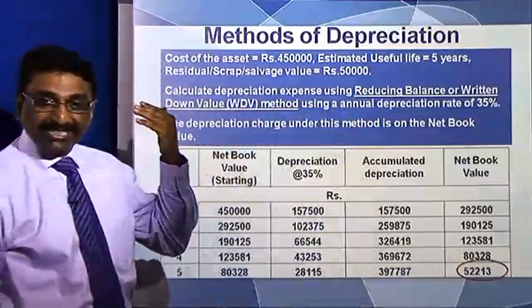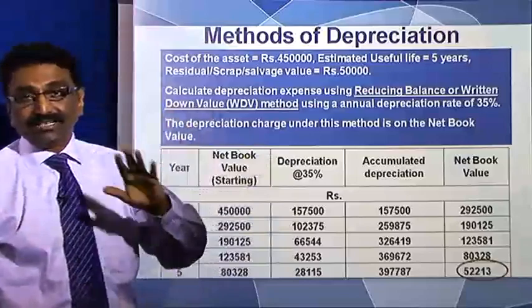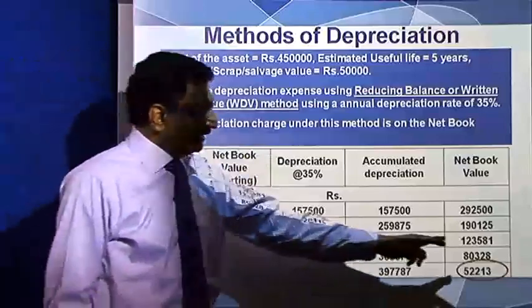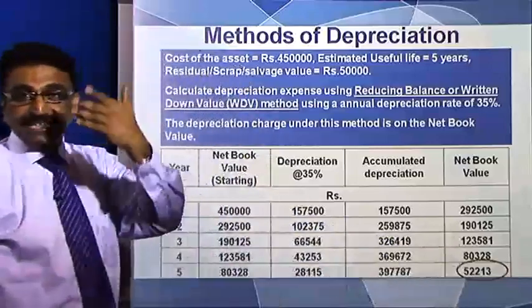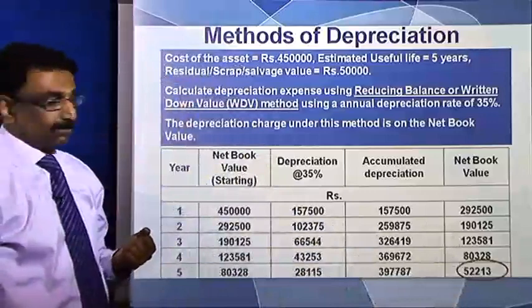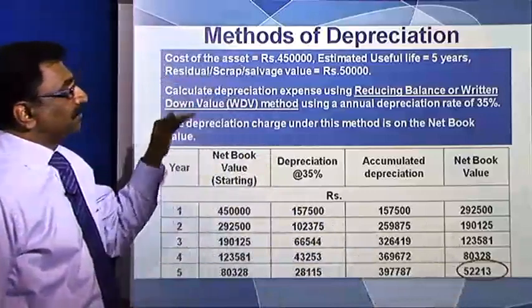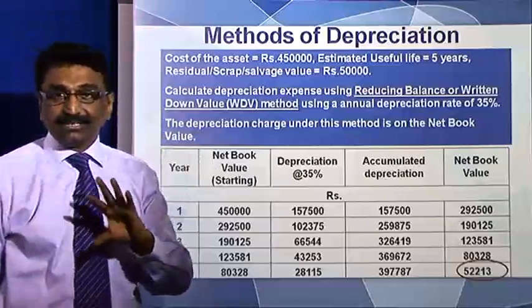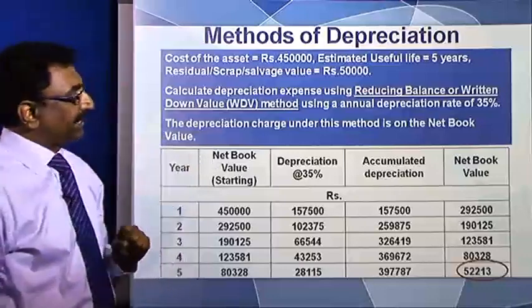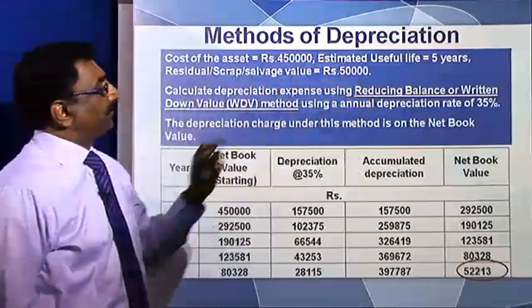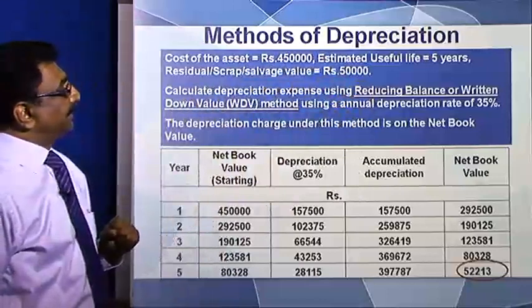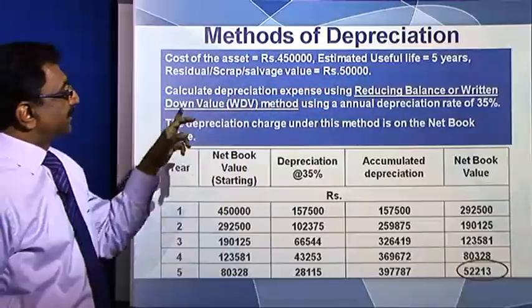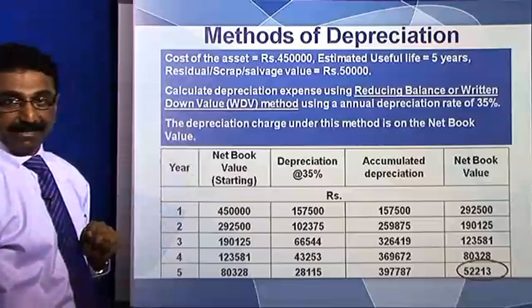Only when actual disposal takes place does all the other action of adjusting this value come in, which we will see when we discuss the disposal of assets. So these are the two methods that we normally practice, and in India much of the depreciation followed is the written down value or the reducing balance method.